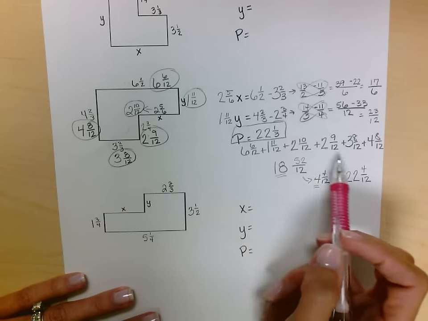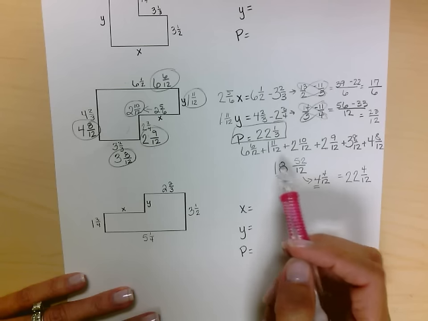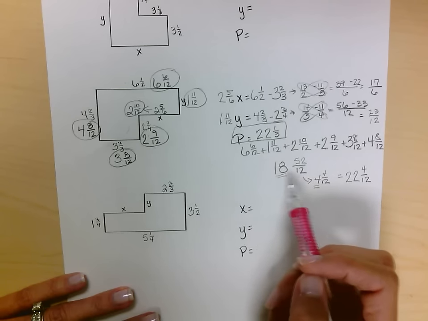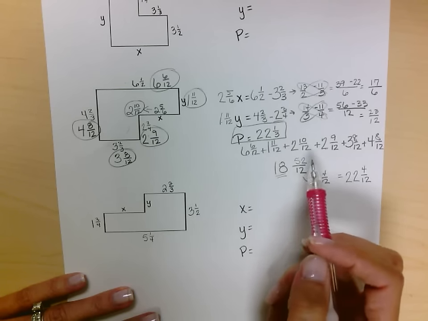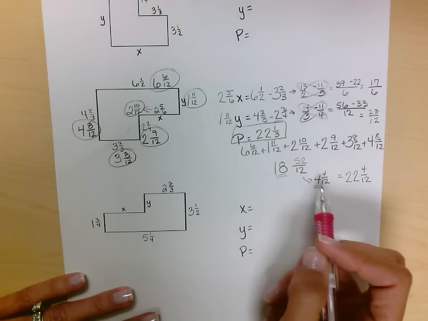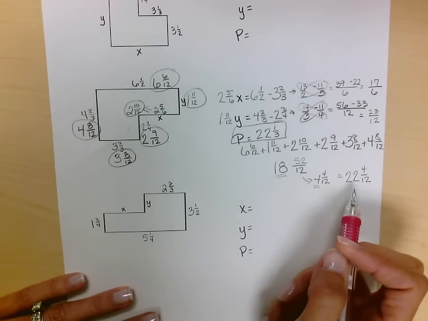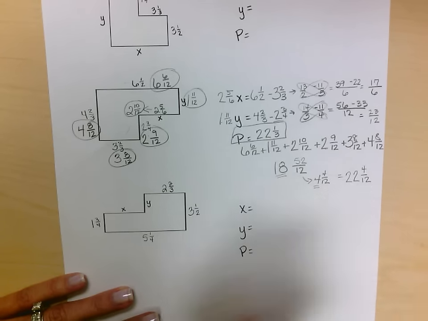Here's all 6 of my sides. Add up all the whole numbers. Keep our denominator the same. Add up all of our numerators. Then we get 52 over 12 changes to 4 4/12. Add our whole numbers together and then simplify.